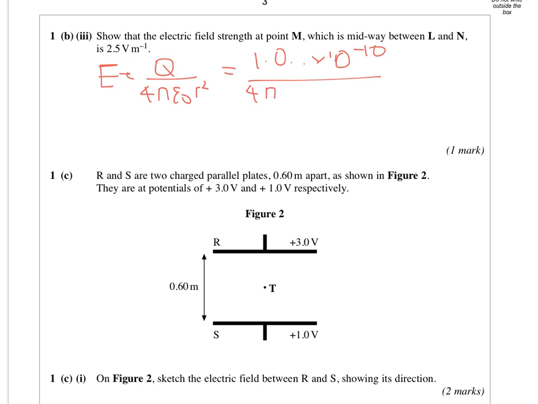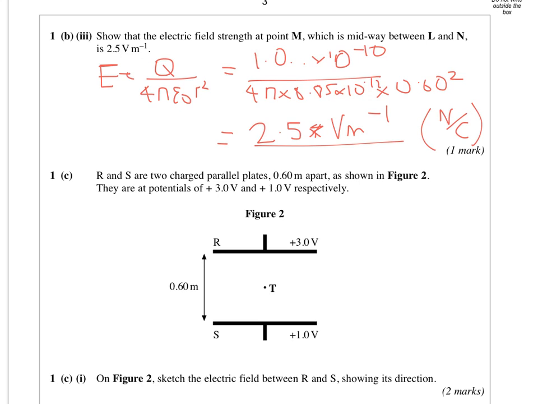And we have 4 pi times 8.85 times 10 to the minus 12. And then midway between there we'd have a distance of 0.60 squared, which comes out as 2.5 volts per meter, or you could also have had that as force per unit charge, but essentially this is the answer you should end up with.